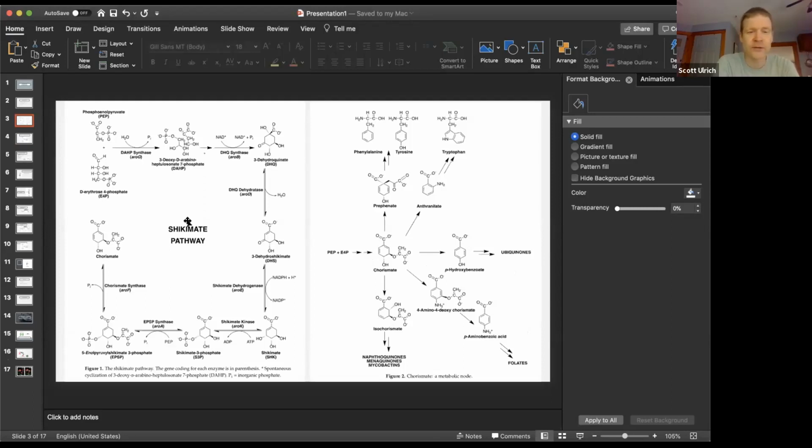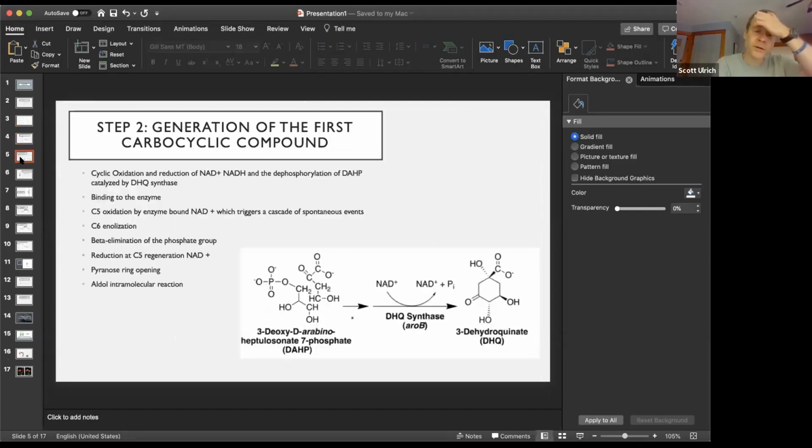The tricks are, like Lindsey mentioned, there are some reductions, which you can see because it uses NADH or NAD as the cofactors. And interestingly, I thought there were two aldol reactions back to back in the very beginning to make the first cyclic version of the molecule.